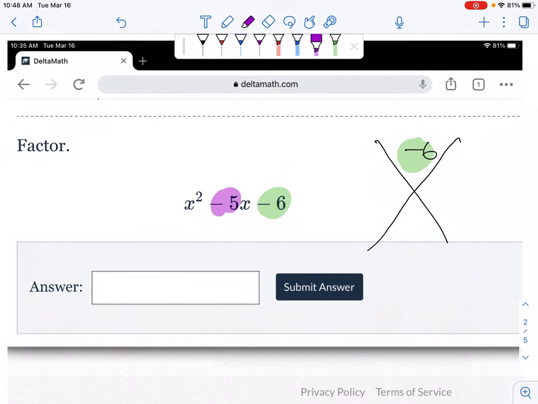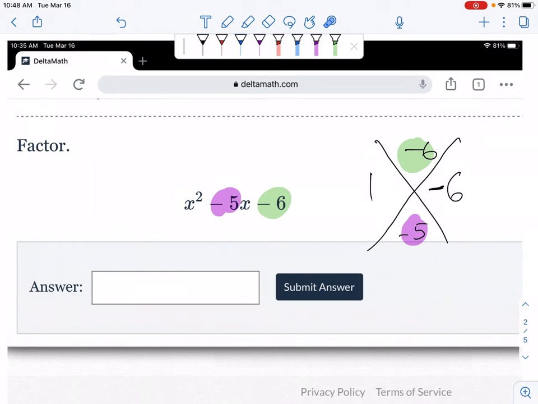And our middle number, a negative 5, goes in the bottom. And in order to make a negative 6 and a negative 5, our numbers would be 1 times 6. And my bigger number has to have the same sign as my bottom number, so that's going to be a negative 6 here. And then we can do a little check. 1 times negative 6 makes negative 6. 1 minus 6 makes negative 5.